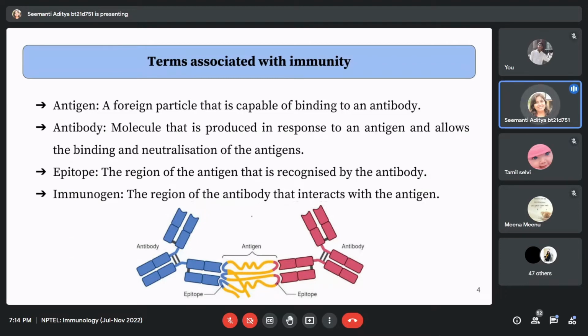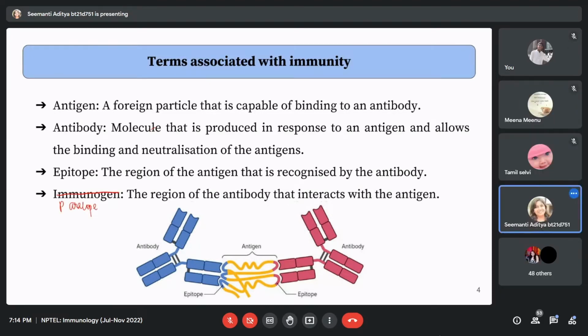The region of the antigen that is recognized by the antibody is known as the epitope, whereas the region of the antibody that interacts with the antigen is known as the paratope, which I have mentioned as immunogen. This is actually the paratope. I'm sorry. An immunogen is a molecule that is responsible for eliciting an immune response, whereas an antigen is a foreign particle which will bind to the product of an immune response.